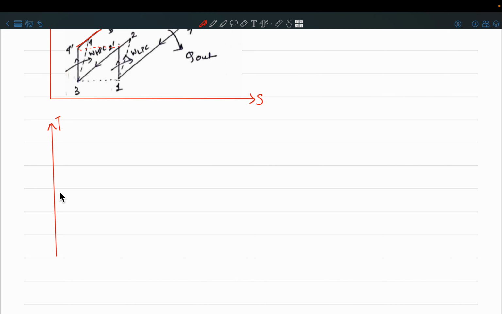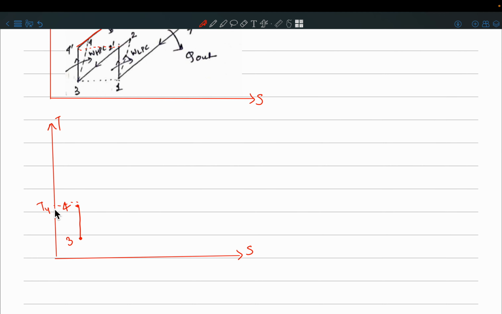This is your T axis and this is your S axis. Say we were at this stage 3 and then there is a compression. So this compressed gas at stage 4 has a certain temperature T4.